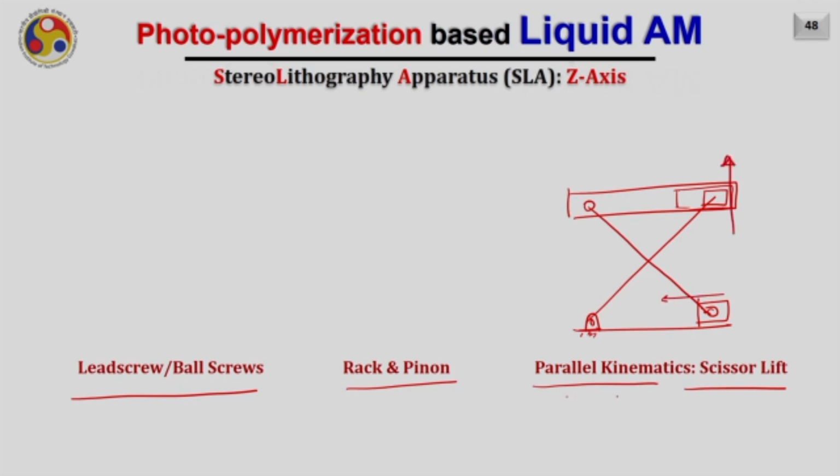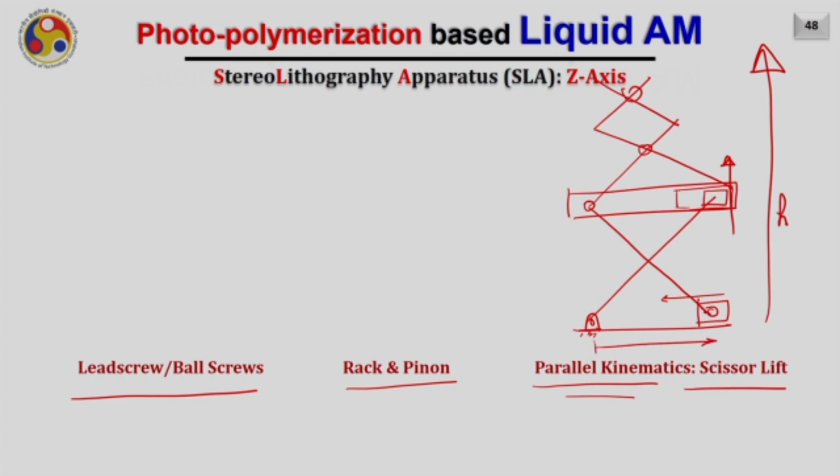So the benefit of such parallel kinematics is a very small footprint. Here you can put even parallel scissors like this, right? You can put parallel scissors, and hence you can achieve a very large build volume in the build direction while occupying a very small amount of area in the horizontal direction. So such mechanisms are usually used for the Z-axis in SLA based processes.